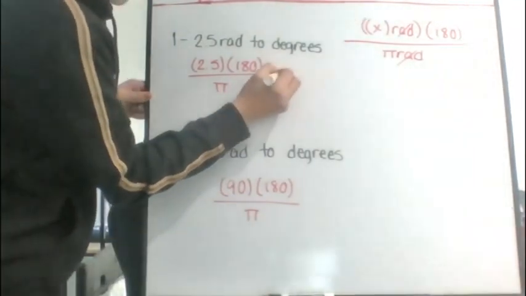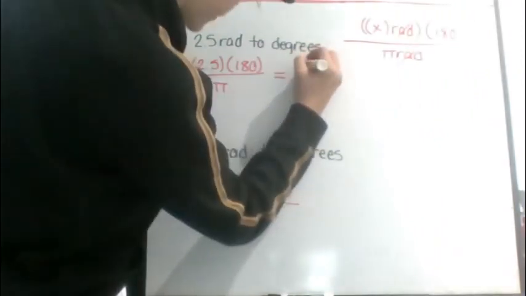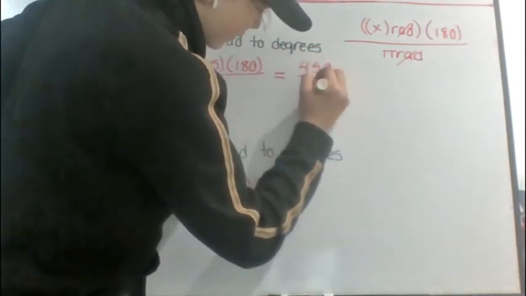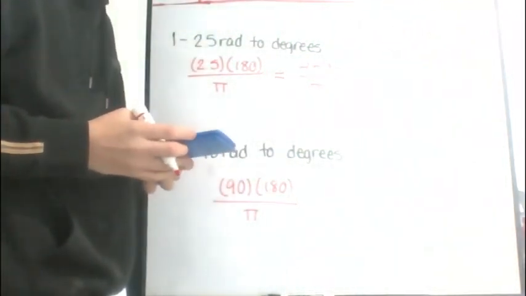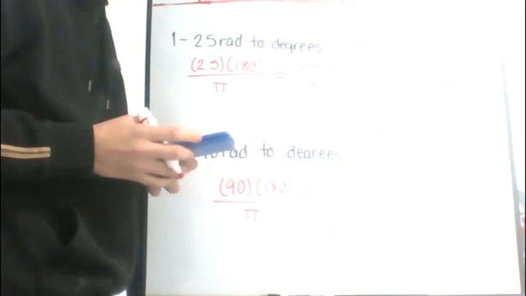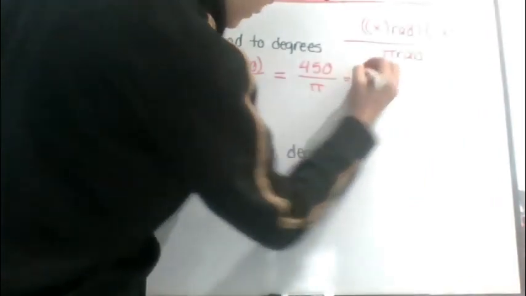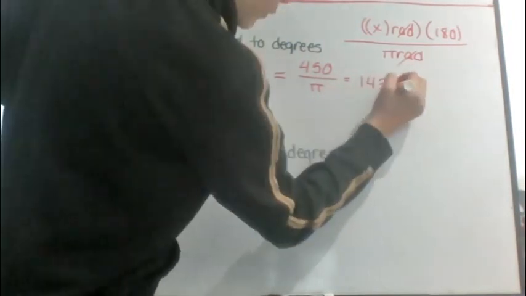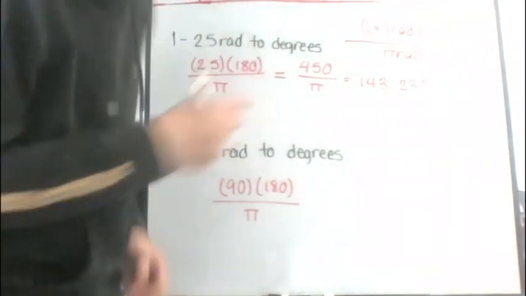So now we go to the calculator, and it will be 2.5 by 180, it will be 450 divided by pi, which equals 143.23. And this is going to be the answer for the first one.